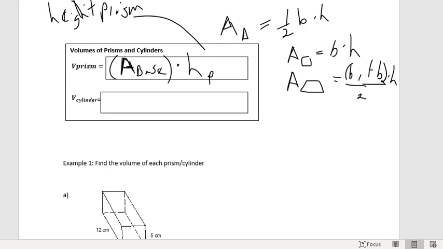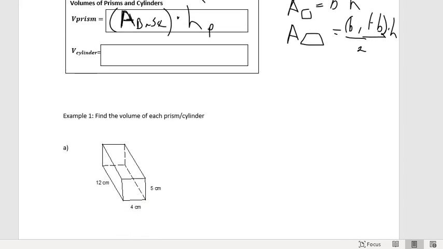All right, volume of a cylinder is going to be pi r squared h. And we'll just do HC for h of the cylinder. So essentially that still is the area of the base. The base is a circle, so the area of that one's pi r squared, and then multiplied by the height.